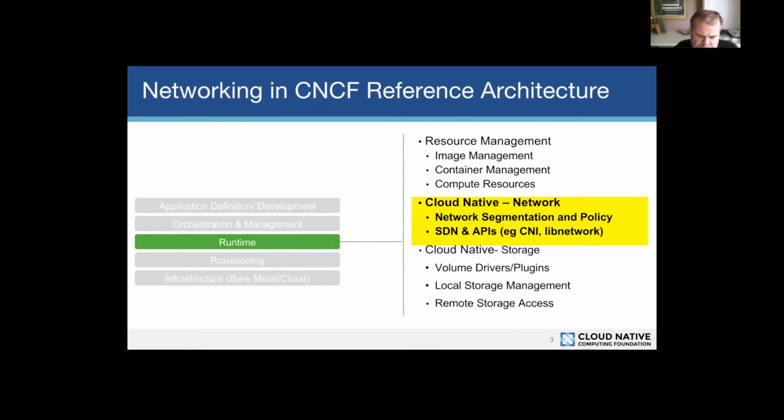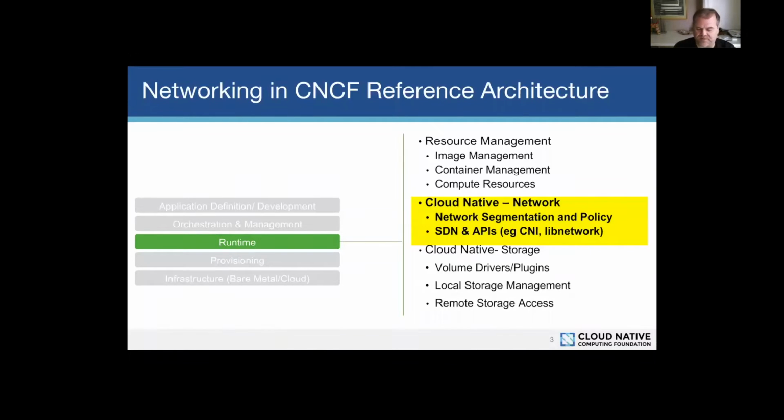What we're talking about here is networking for containers and microservices, and I thought it might make sense to put it in context within the CNCF reference architecture. The CNCF reference architecture basically divides the landscape up into five layers of infrastructure and components.